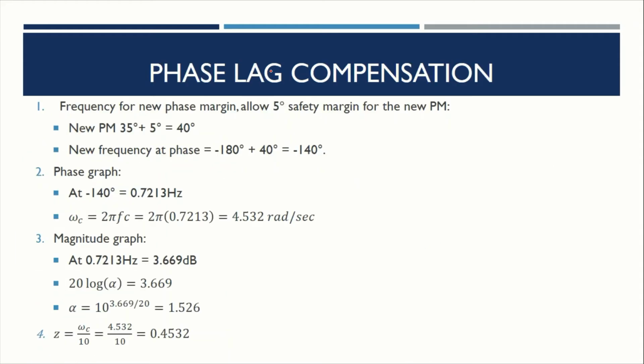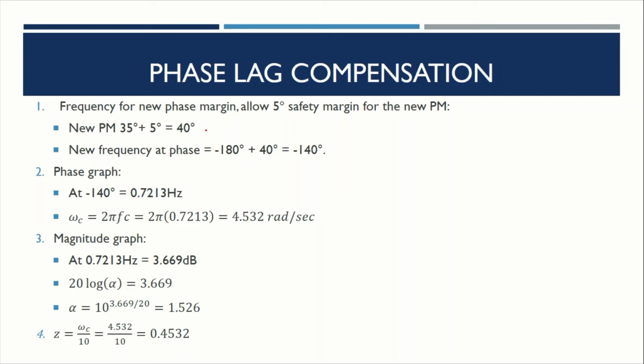Next, for the phase lag compensation, the first step is to find the frequency for the new phase margin. In the requirement, the phase margin must be at least 35 degrees, so you have to add 35 to 5 degrees, which is the safety margin, and you get 40.